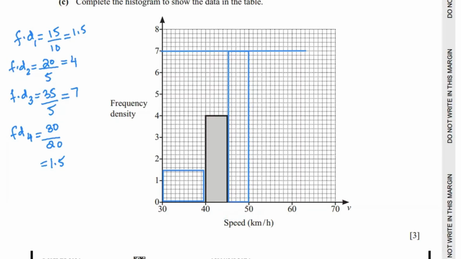Then for the last one, it's again 1.5. So this is it. This is your complete histogram.